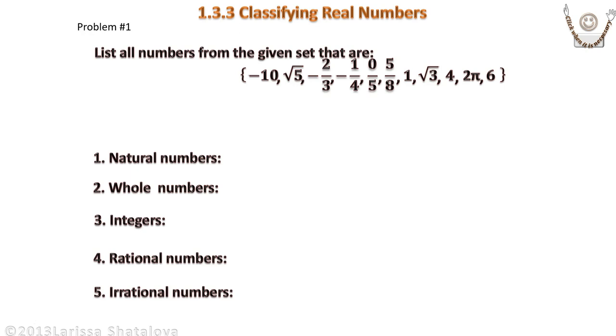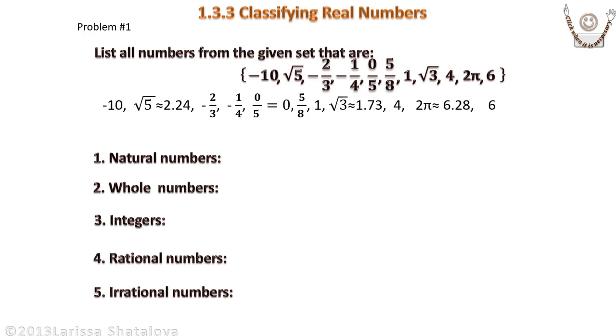For instance, use your calculator and you will see the square root of 5 is approximately 2.24, or the square root of 3 is approximately 1.73, 2 pi is approximately 6.28. When you finish analysis, now you can answer the questions.